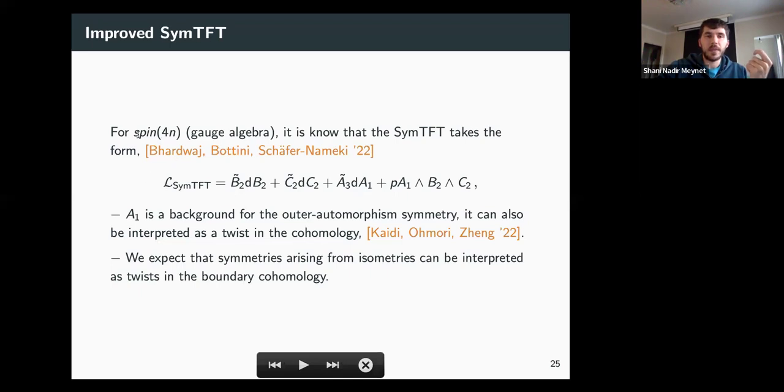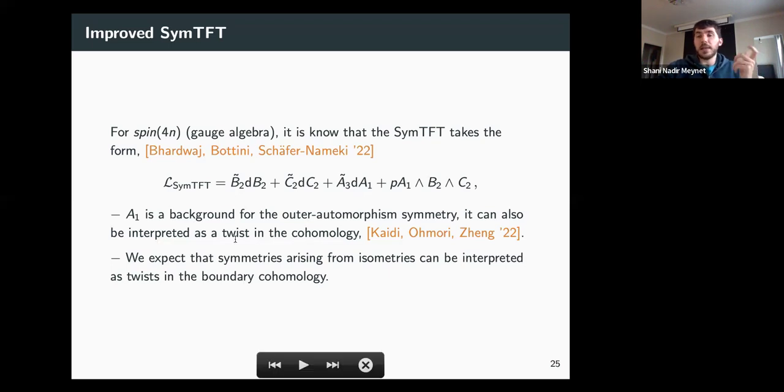I wanted to use this specific theory, this spin for n, because the SymTFT is known and has been analyzed already in many papers. And this idea of enhancing the SymTFT for your theory with some twist, with some further action, has already been explored in this paper by Kaidi and Mori Zhang, where they pointed out that the correct formulation for the SymTFT is not just in terms of cocycles representing these Zn gauge groups, these Zn symmetries, but one should consider twisted cocycles, not just cocycles.